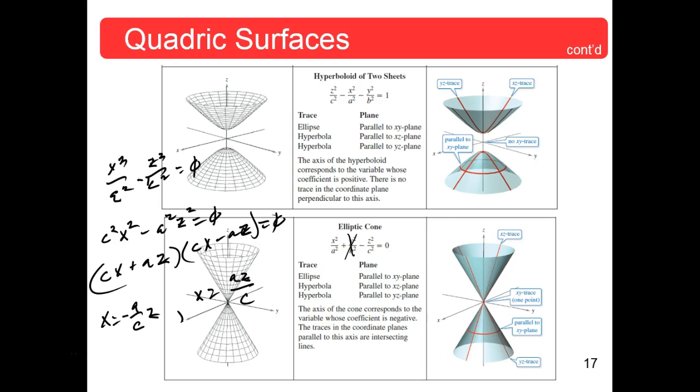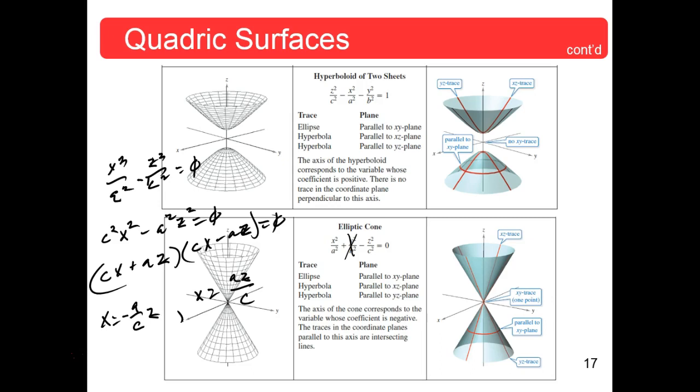So these are lines. Now, if you do traces this way, you get your hyperbolas again. This is just like your conic sections. If you do a parallel trace to the YZ plane, that would be this one, then you get a hyperbola here and there, wherever you are.